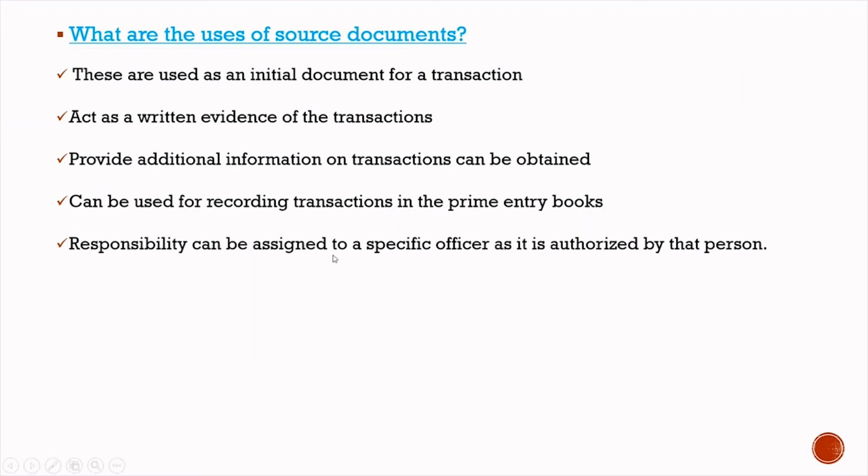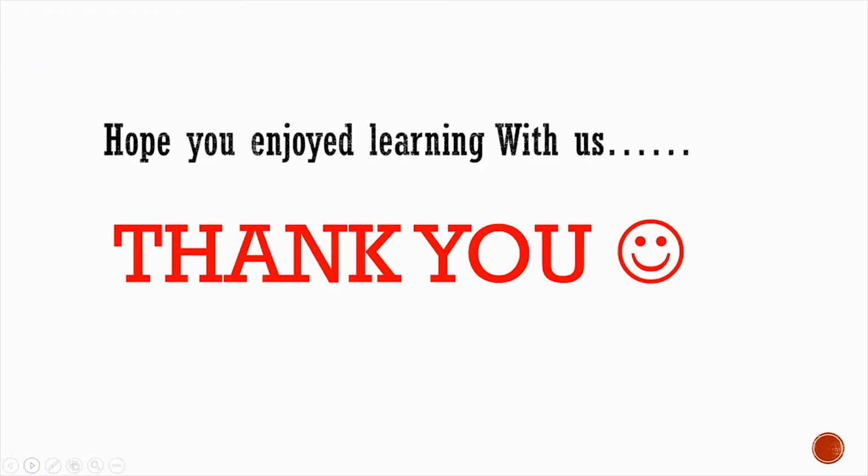And it carries responsibility, because the responsibility is assigned to a specific officer who is authorized. Since such authorization is there, when we get the source document, we can find the evidence of the transaction having taken place. So I hope you got the understanding of what these primary books and source documents are.